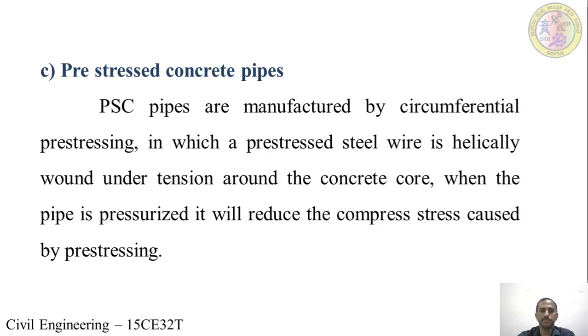These pipes are manufactured by circumferential pre-stressing by highly stressed steel wires, which are wound helically around the concrete pipe. When water is allowed to flow inside the pipe under pressure, it will reduce the pre-stressed pressure.